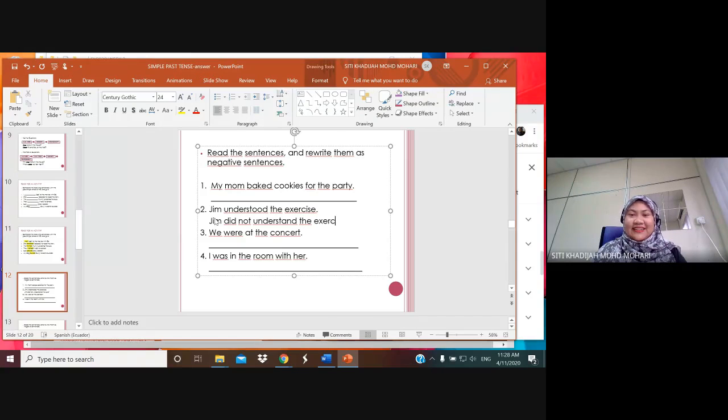Like I said earlier, if we have does, do, did, immediately the verb after this is going to be in the root form. Meaning that in root form, there is no S, there is no understood in the past. Irregular verb. Okay, madam. Understood. So we change it to understand. Okay, number 3.